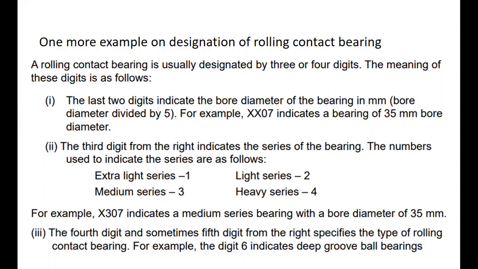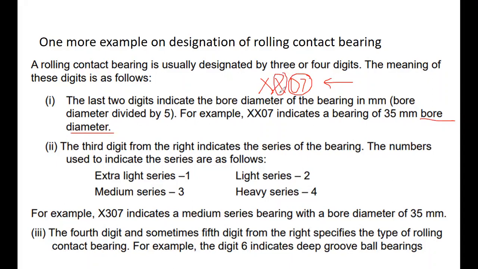The fourth digit, sometimes the fifth digit from the right, specifies the type of rolling contact bearing. So going from the right in XX07, these two numbers indicate bore diameter.